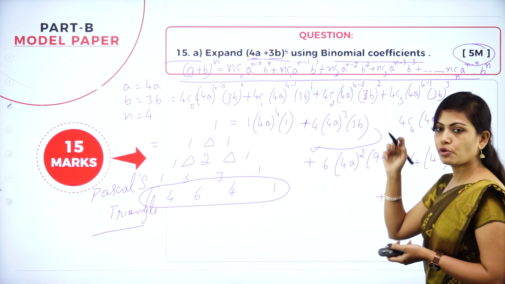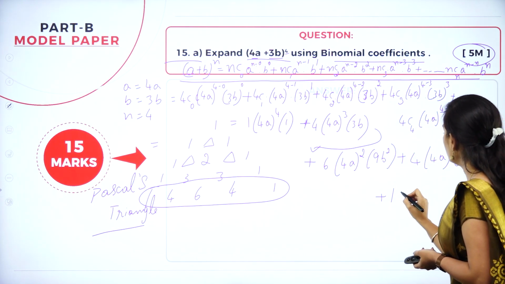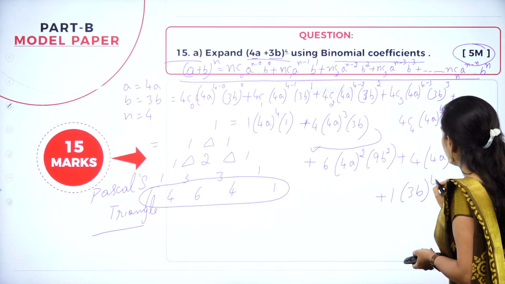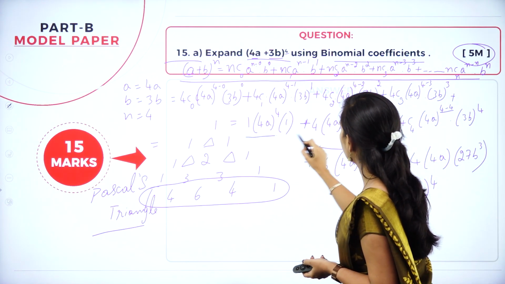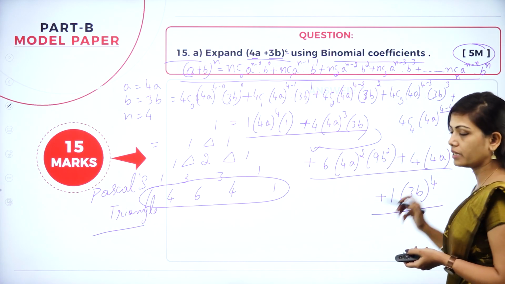So 4A power 0 is 1 and 3B power 4. Now you just simplify this value, you will get the final result.